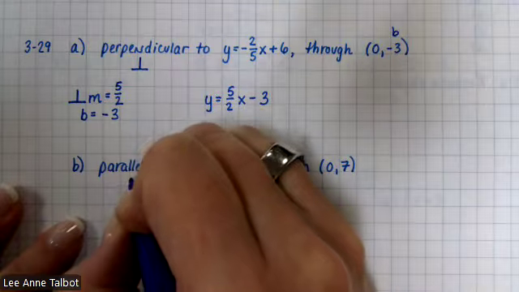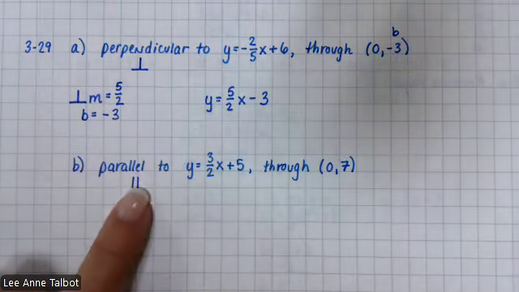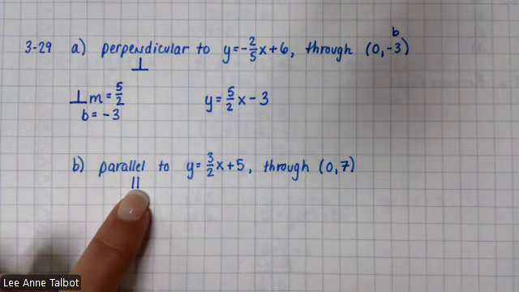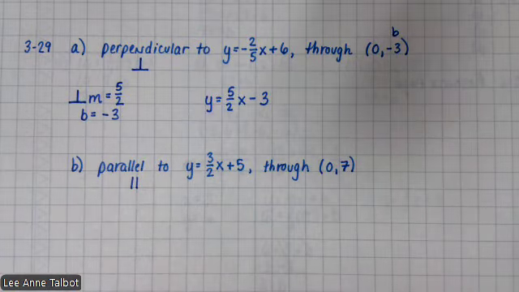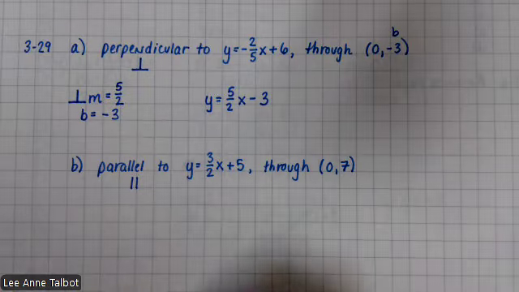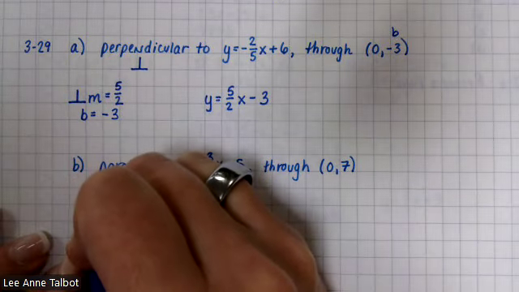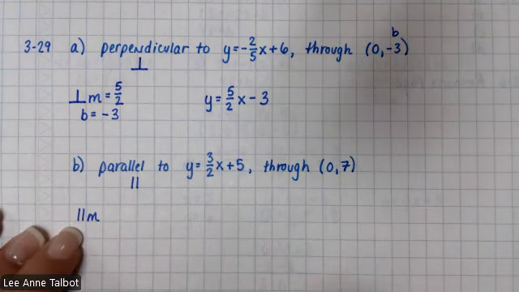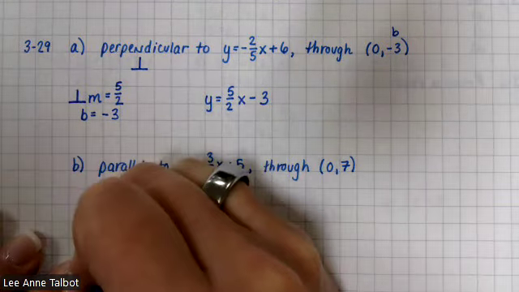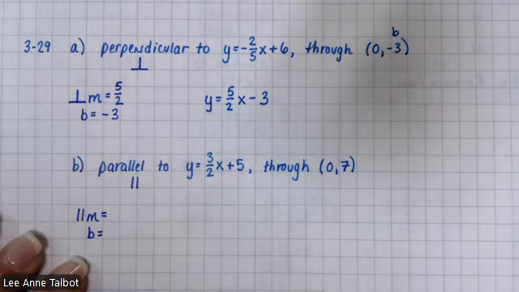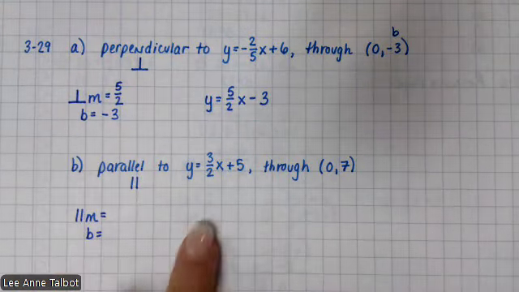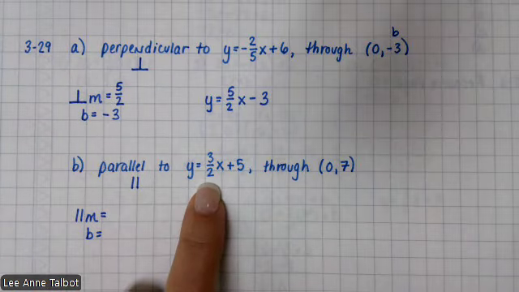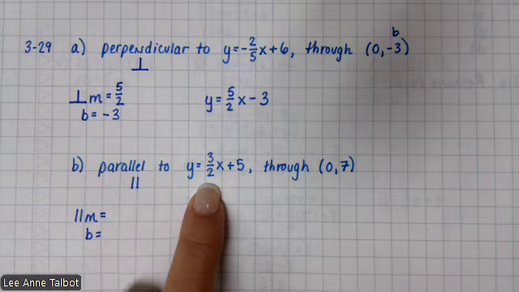Okay, now the symbol for parallel looks like that. It's just two bars right next to each other. It looks like 11m, but it's parallel slope. Okay, what did we learn about lines that have parallel slopes? What does parallel mean?